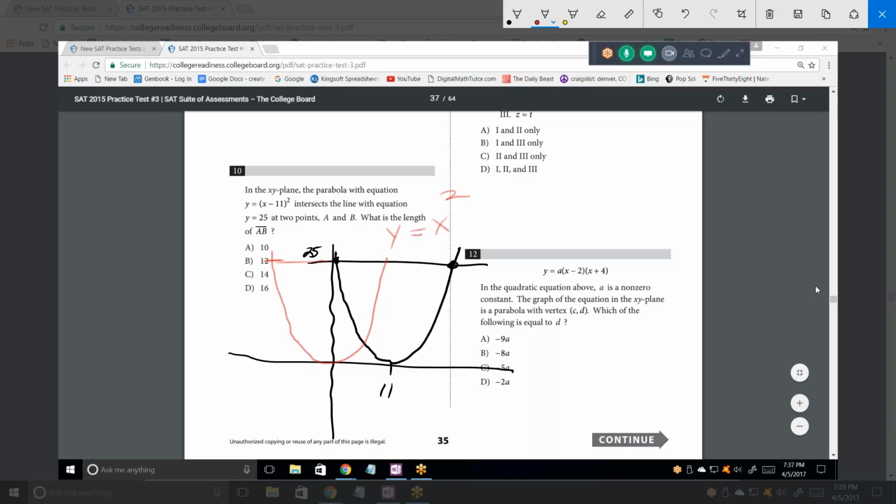And what I need is that value and that value. In fact, if I can just get that value, I'll have the distance.